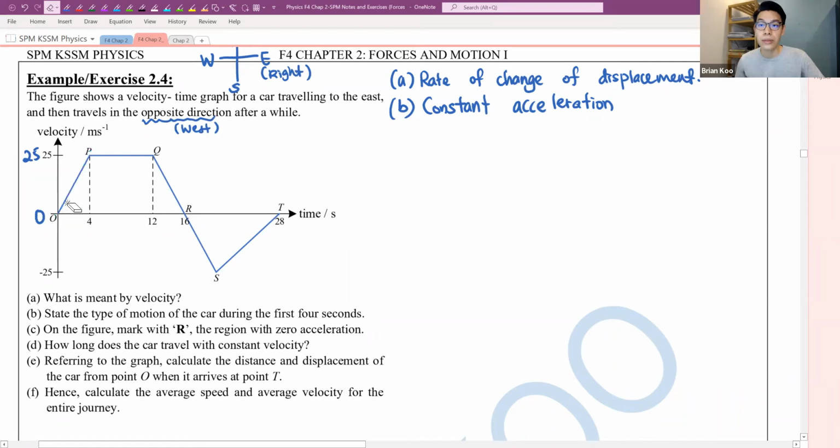I think the gradient value is going to be the same value the whole time. But see, on the figure marked with R, the region with 0 acceleration. Okay, hold on. Jashan asked me uniform velocity increase uniformly. Yes, can also. Okay, velocity increases uniformly, also can.